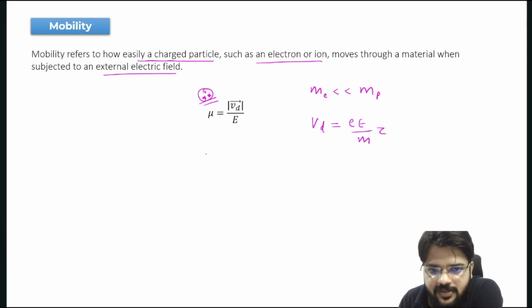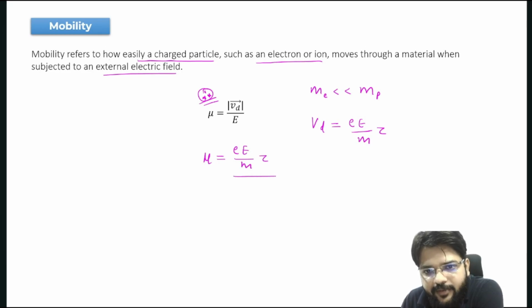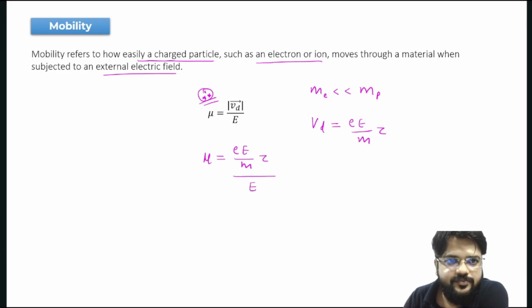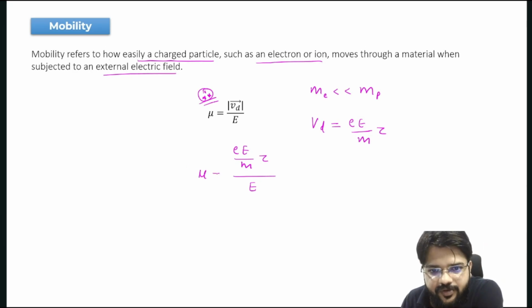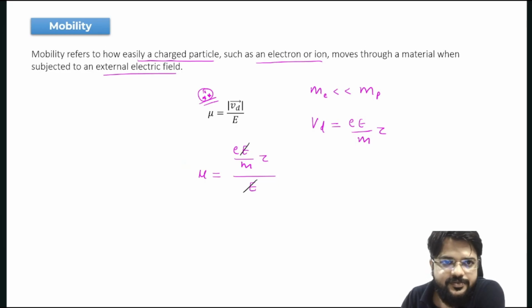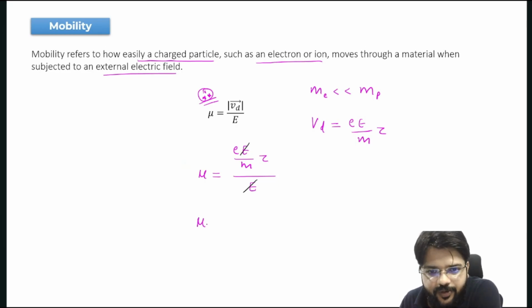Okay. Now we are putting this drift velocity in this formula. So eE by m into tau, divided by the electric field, correct? So now the next thing is what? Here E will get cancelled out. So mu equals, we will get e tau by m, correct?